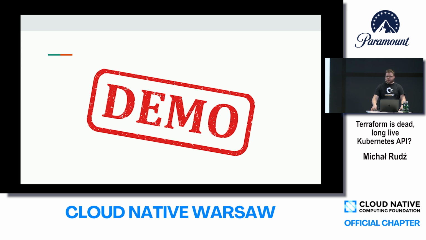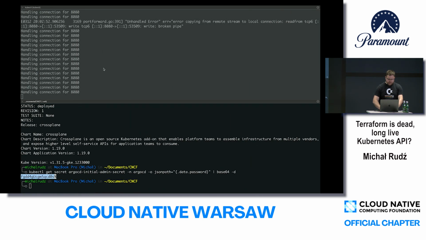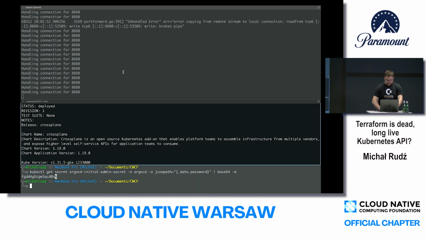Crossplane also has another feature which is very handy. It's called composition, but this topic is very extensive and there's not enough time to cover it. I can only say that we can leverage this functionality, because now I am using Helm to create the manifests dedicated to Crossplane, which we can observe here.